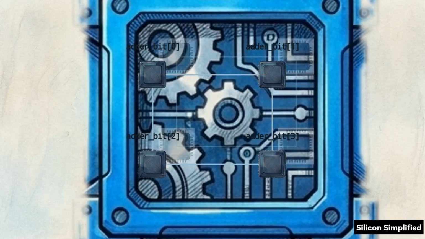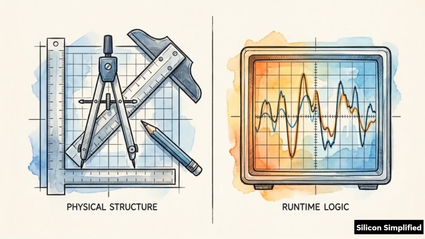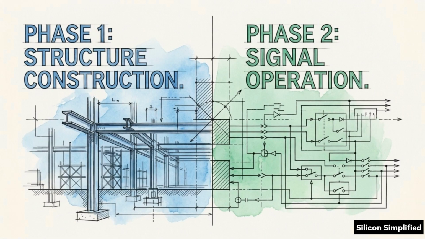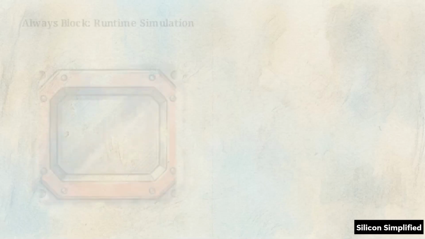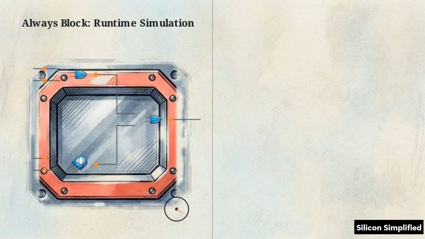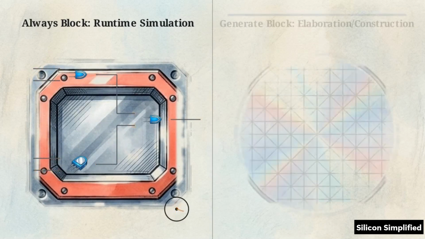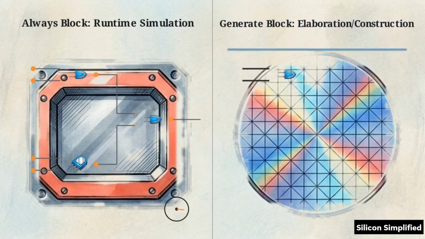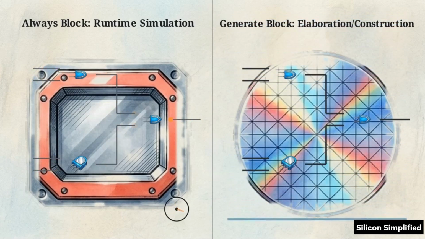Understanding the generate block requires separating it from standard runtime simulation tools, like the always block. The distinction is centered on the difference between dictating signal state and dictating physical existence. An always block governs how data flows through a circuit over time. A generate block executes only once during the elaboration phase to dictate exactly what physical circuits are present on the silicon.